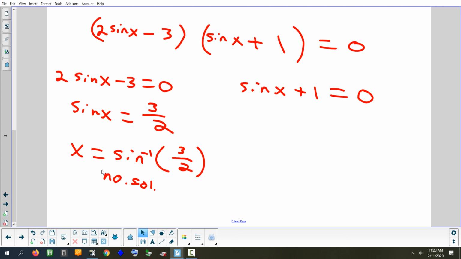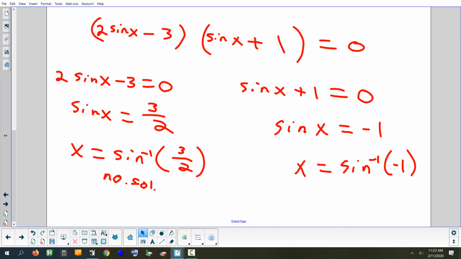Doesn't mean the problem doesn't have a solution. Maybe the other equation will work. So let's try that. How would you get x by itself here? Subtract 1, and then inverse sine. Inverse sine of -1. Now, does sine hit a value of -1 somewhere?